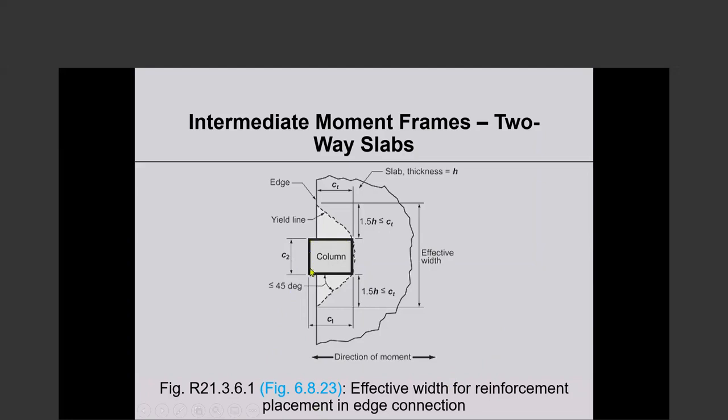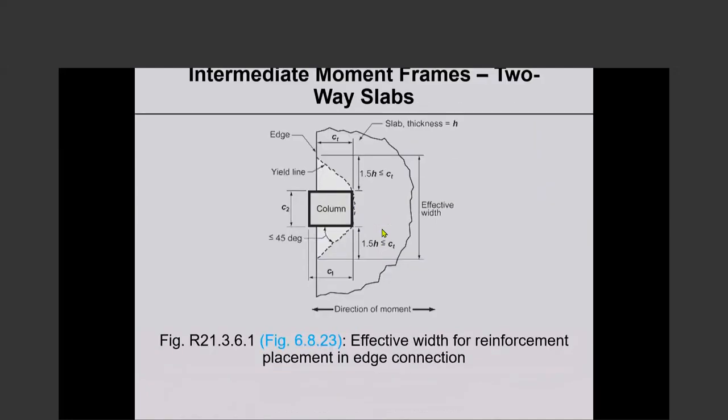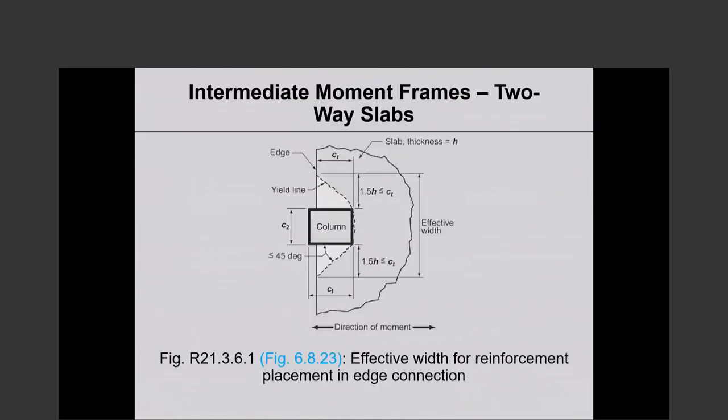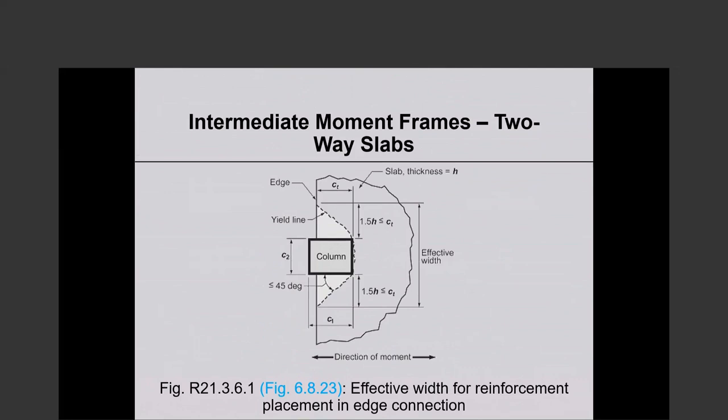When you have the column sticking out of the edge of the slab, this dimension C sub t, from the end of the column to the end of the slab, the C sub t dimension, the 1.5 times h on either side shall not exceed C sub t. That is the stipulation that has been made in recent editions of ACI 318, going back quite a while.